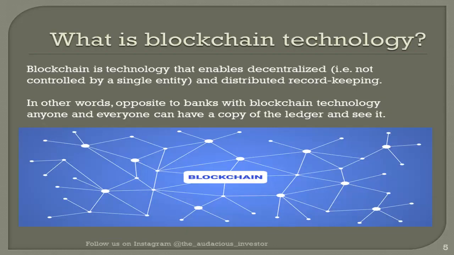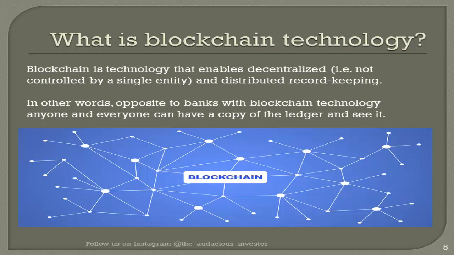So what is blockchain technology? Blockchain technology enables decentralized and distributed record keeping. So decentralization is basically the opposite of centralization. So if something is decentralized, it does not have a single authority or entity that controls it.